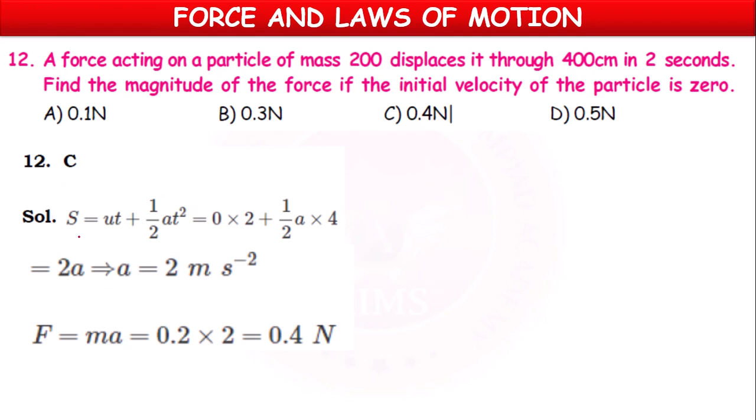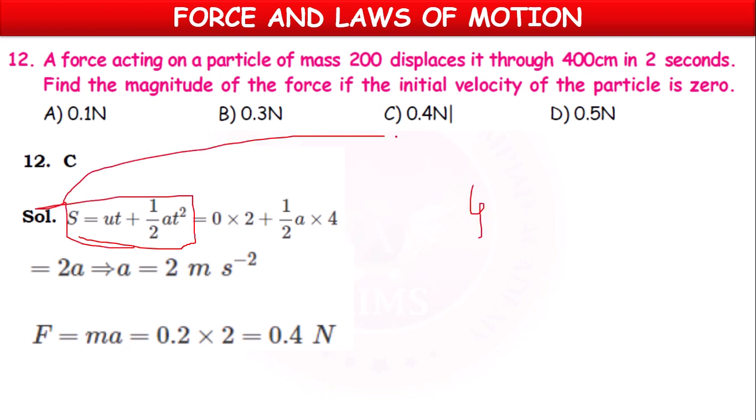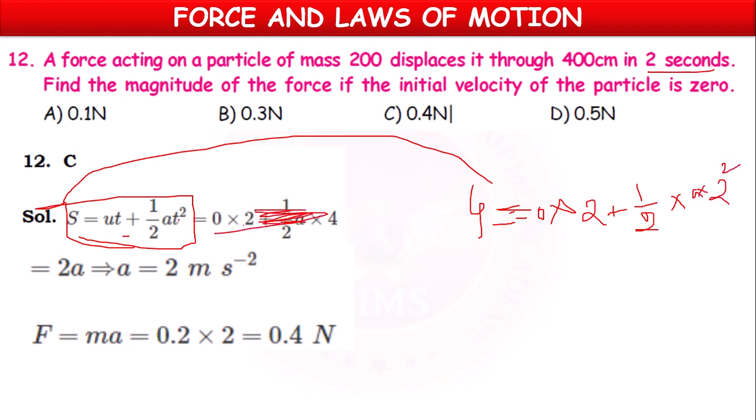So in this equation, in the place of s, we can take 4 meter equal to initial velocity 0 into time 2 seconds, 0 into 2 plus half into a, which we don't know, into t square, 2 square. You can strike off this, children.